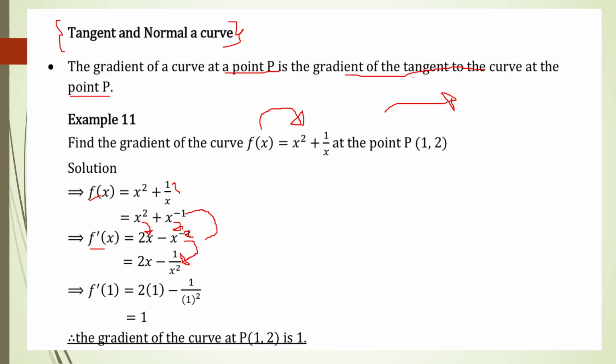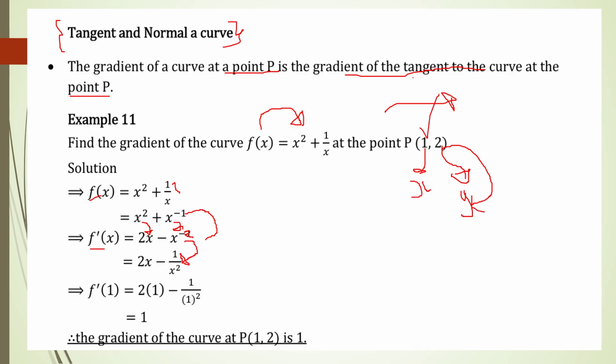Then after that, for us to get the gradient, we have to substitute for the value of x. And in the points that are always given, the first coordinate is going to represent the value of x, and then the second coordinate is going to represent the value of y. But majority of the times, the value of y is not going to be used. We are only going to be using the value of x.